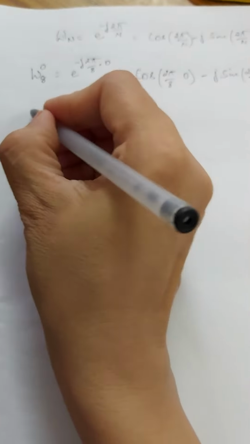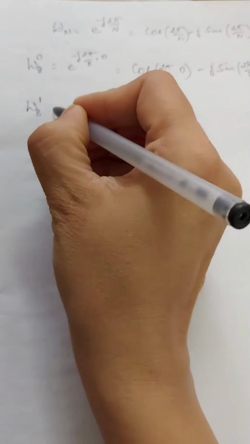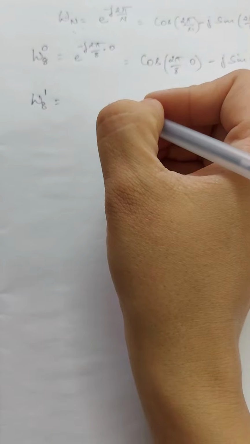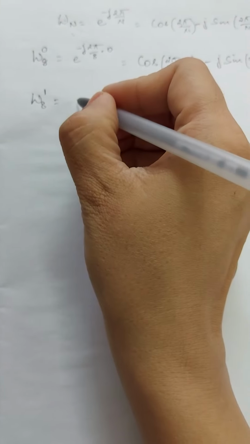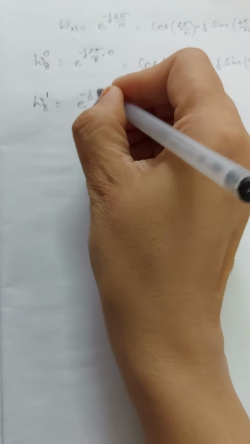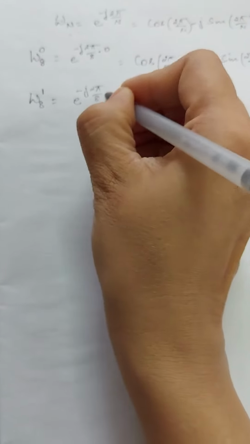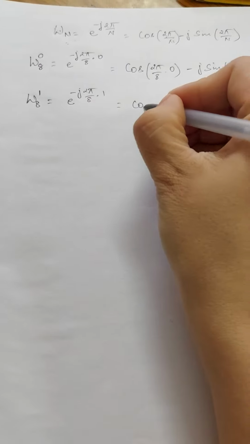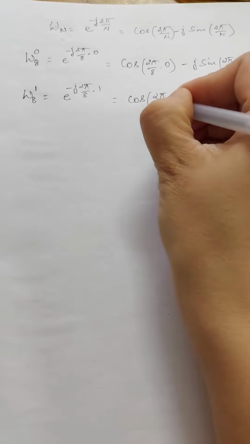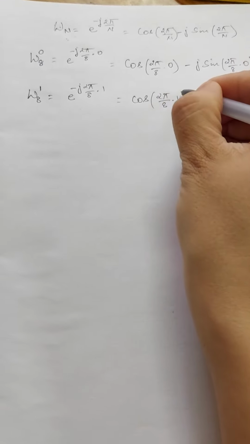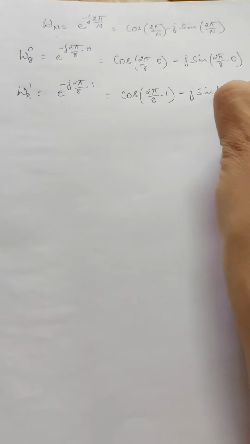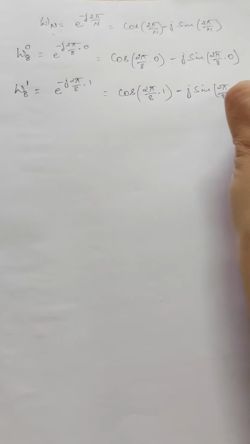In the same way, W8 to the power of 1 is e to the power of minus j 2 pi by 8 into 1, which is equal to cos 2 pi by 8 into 1 minus j sin 2 pi by 8 into 1.